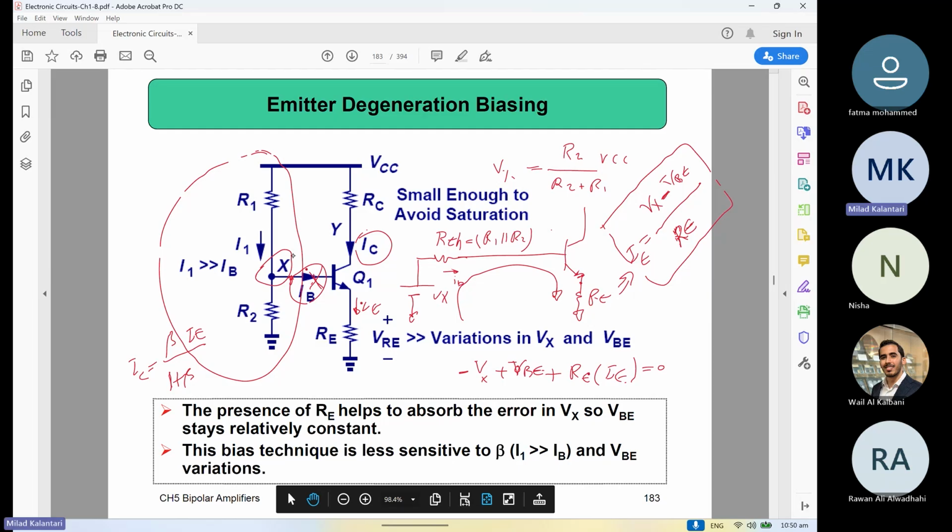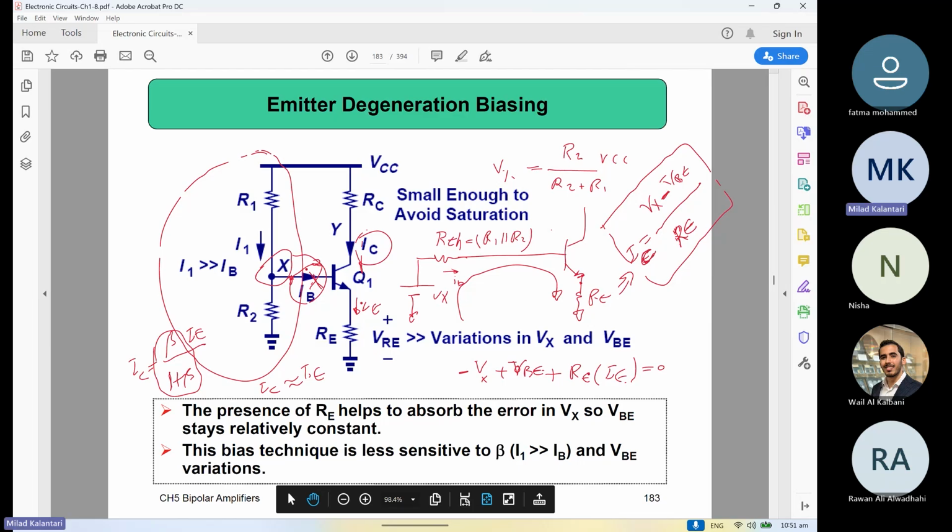IB is usually much less than IC, so IE and IC are pretty much similar. So the IE we calculate is basically IC.